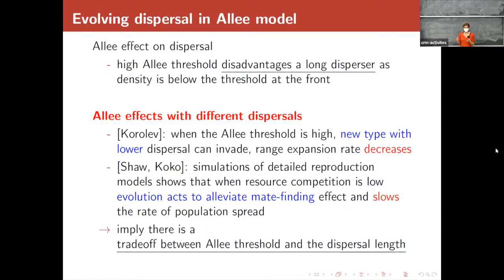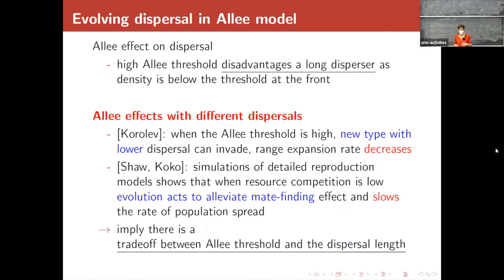Here you would think that there are disadvantages to long dispersal, right? Because your density can go below the threshold if you're too far out. And so that can hold you back. And there are some results that tell you that if the Allee threshold, which is the point at which, in the bistable equation, the amount that you need in order to find your mates is too high, then somebody with a lower dispersal rate can invade and actually take over the population, and that will slow down the wave.